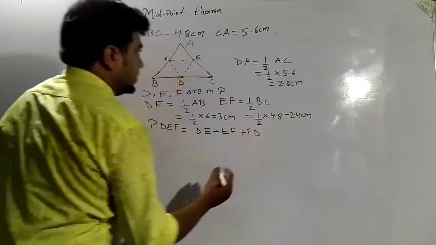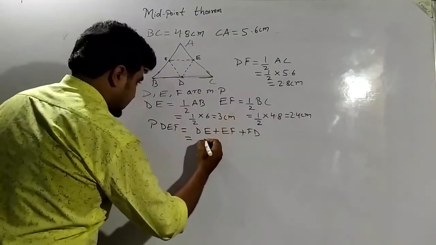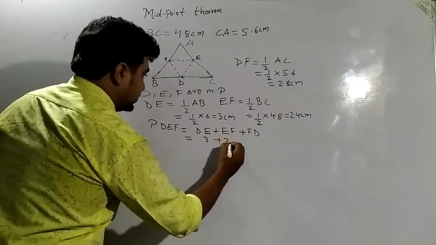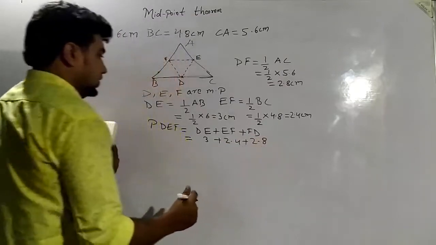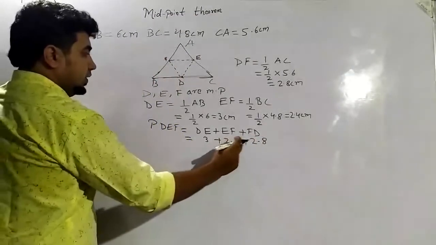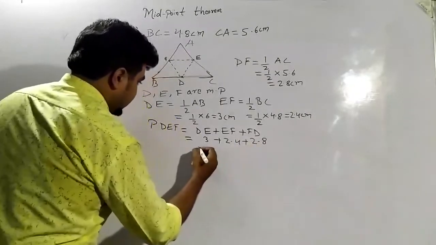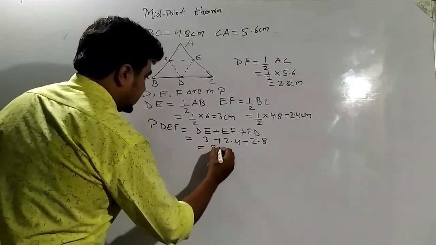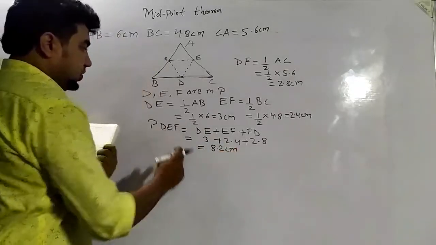So these three sides we have to add. So the values we are getting are 3, 2.4 and 2.8. So 5.4 plus 2.8 is 8.2 centimeter. So this is the value of the perimeter of triangle DEF.